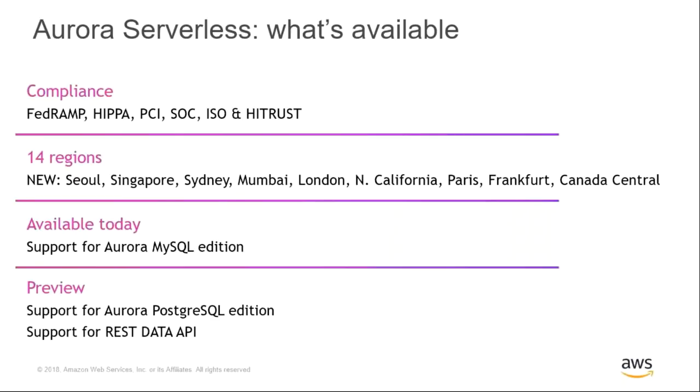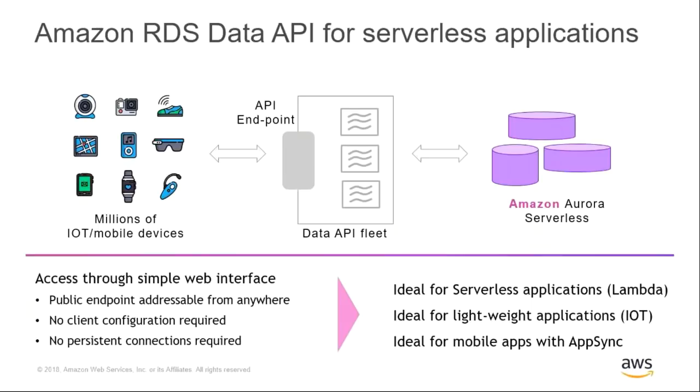Another thing that we recently added, which was added, I believe, in the beginning of November 2018, was a REST Data API. Let me talk a little bit about that now. The way that many applications work is that they find it much easier to access a database through HTTP. And with Aurora Serverless, that's actually a requirement for some of them because you sometimes don't have the classic huge application running on top of a database, which you would have with a typical relational database.